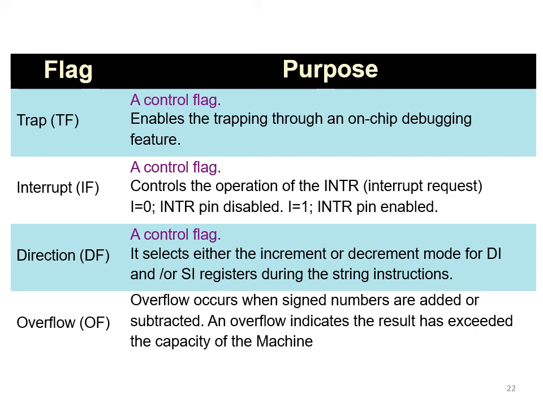And overflow occurs when signed numbers are added or subtracted. So the trap flag, interrupt flag, and direction flag are the 3 control flags. The rest are the status flags, and the remaining are unused and reserved for future purposes.